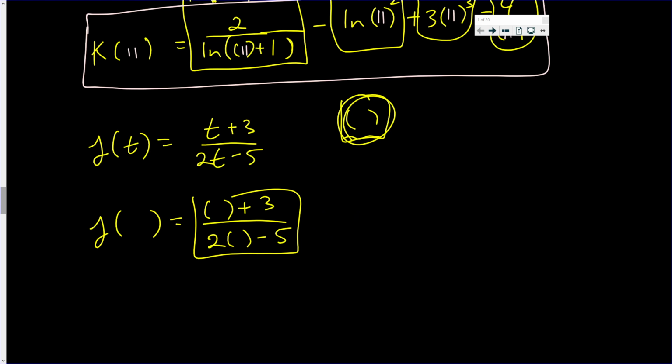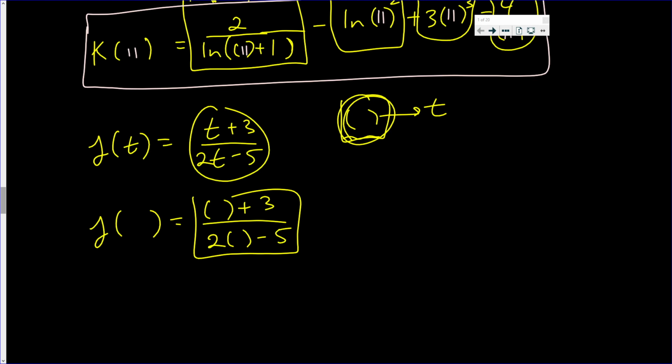Make sure that if you write t instead of parentheses, you get t plus 3 over 2t minus 5. And that's exactly what you should get back.